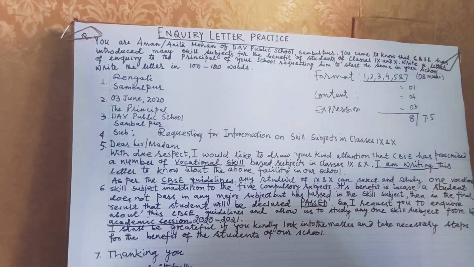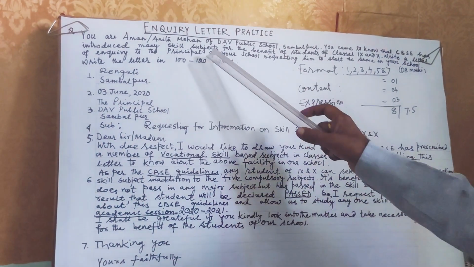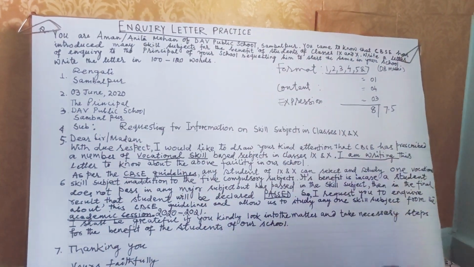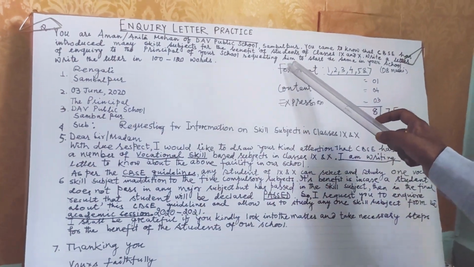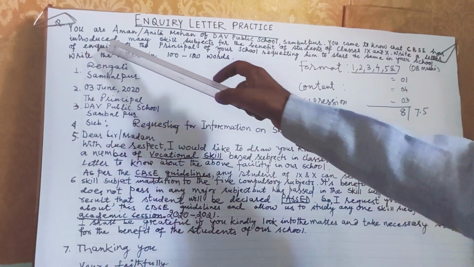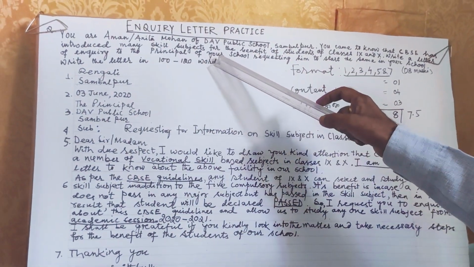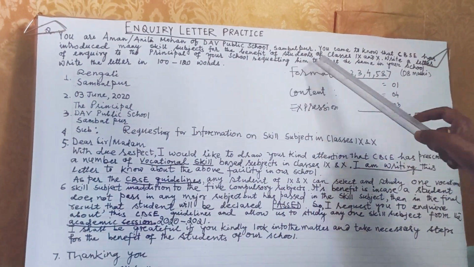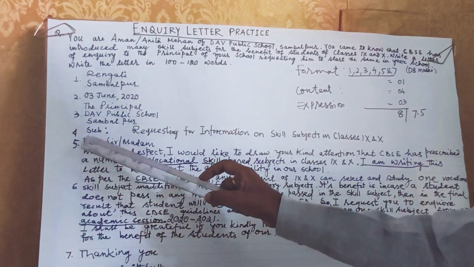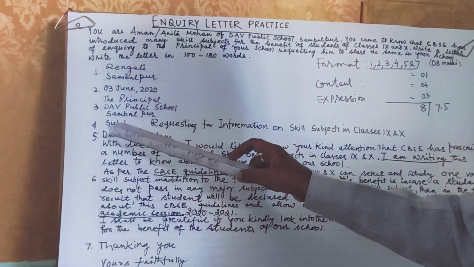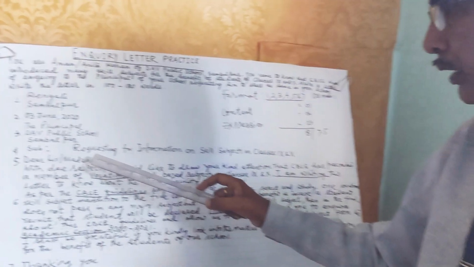Now, point 4, subject line. What is the main point of this letter? Requesting him to start the same in your school. So, what would be a suitable subject line for this question?